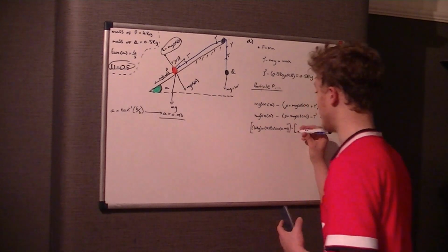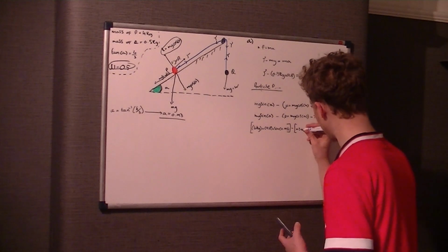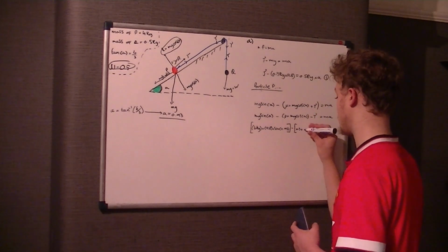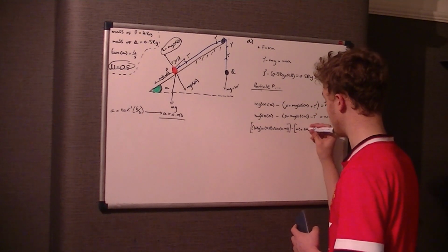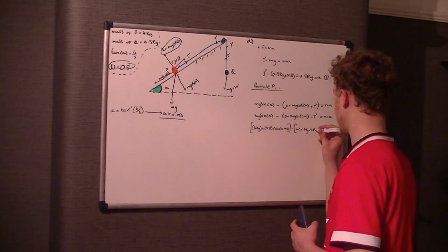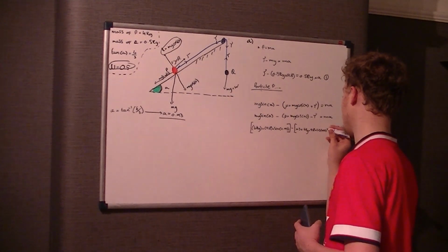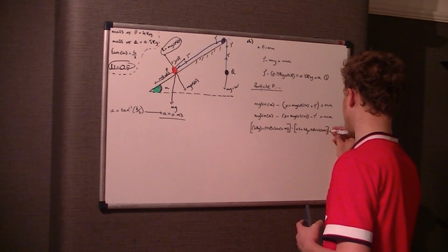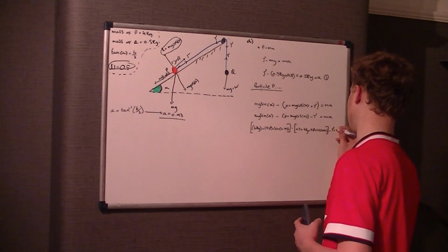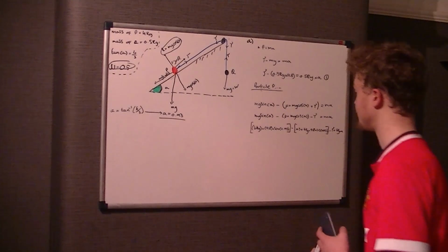Take away the coefficient of friction, so that's 0.5 times mg cos A, so that's 0.5 times 4 kilograms times 9.8 times the cos of the angle, which is 0.93, and we're taking that, so we take T, and that's equal to 4 kilograms times A.